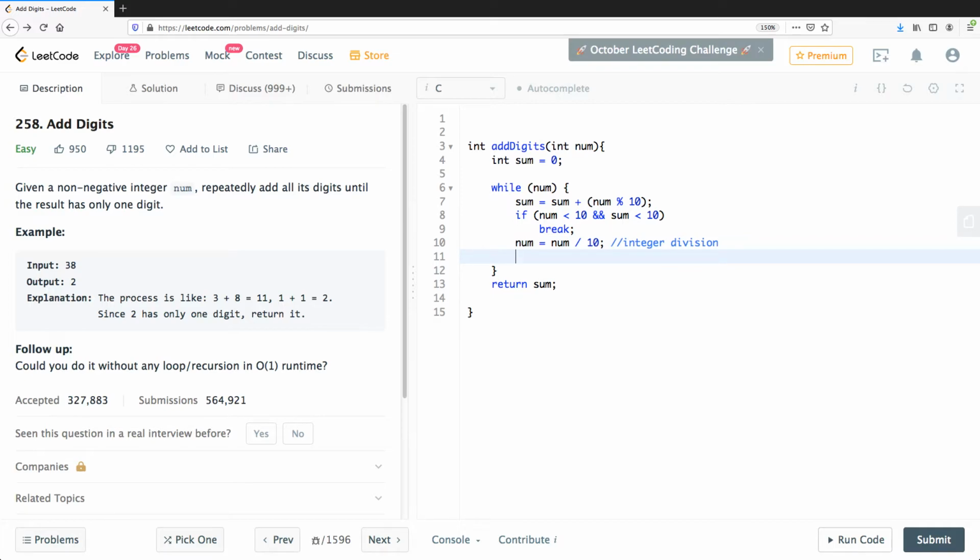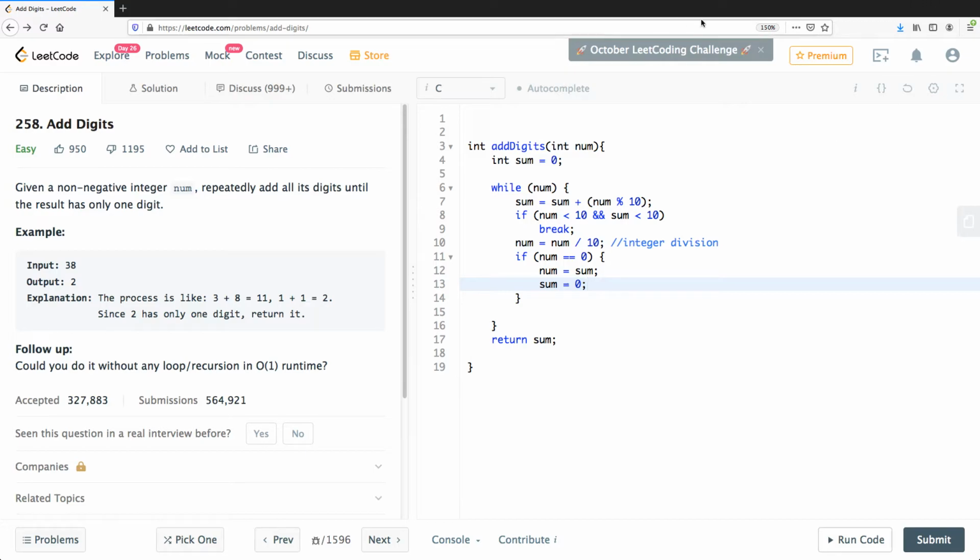So what we should do is we should say here that if num is equal to 0, that means we have run out of the digits in num. We need to reset num. So num would be equal to sum, and sum has to be reset back to 0.